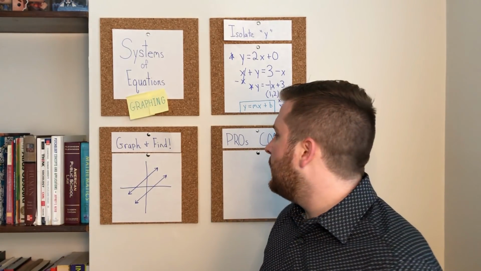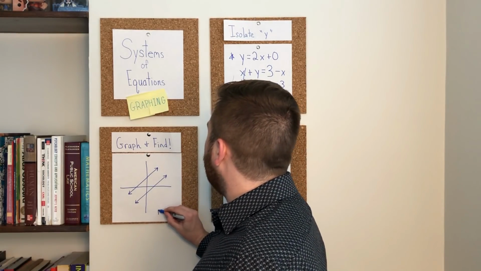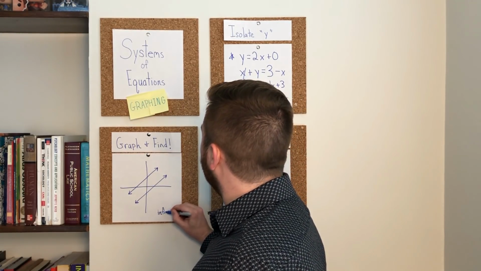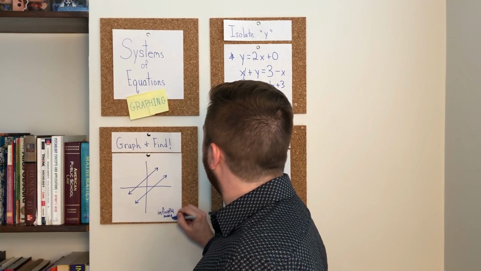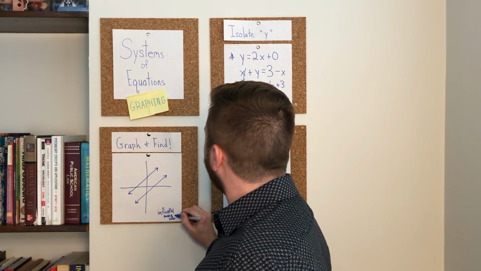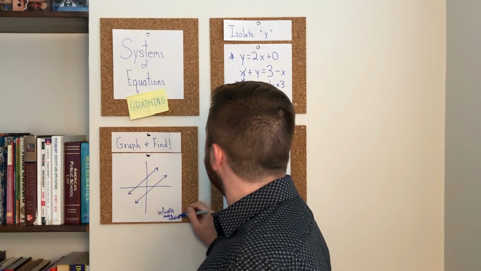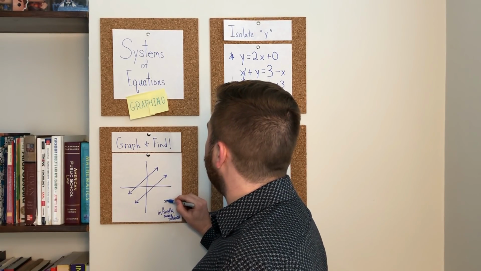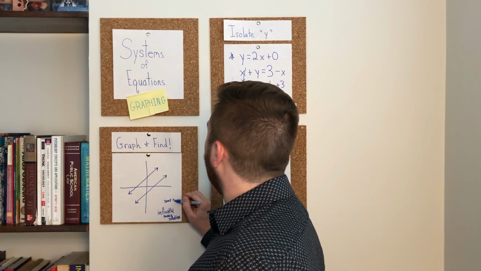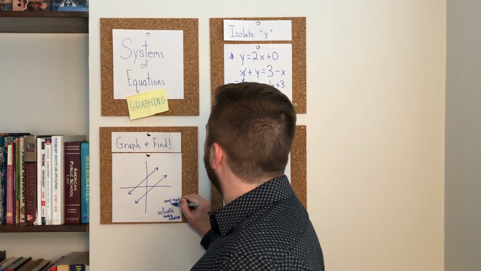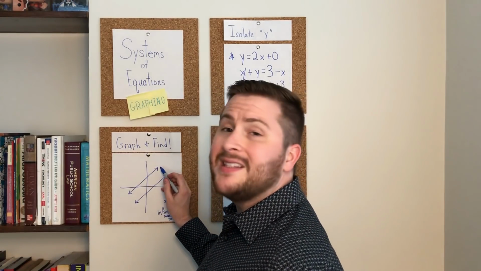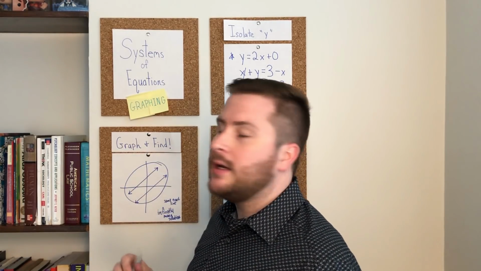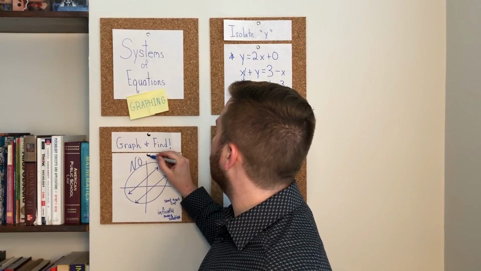So that's when we say something has infinitely many solutions. And infinitely many solutions means you have the same exact line. This part, where they never meet, is when it is no solution.